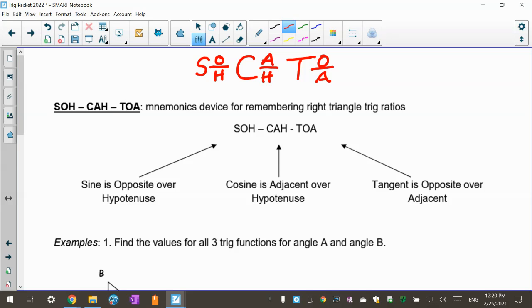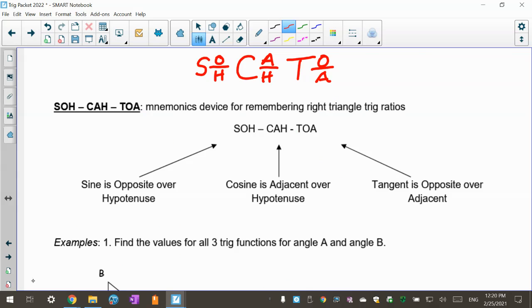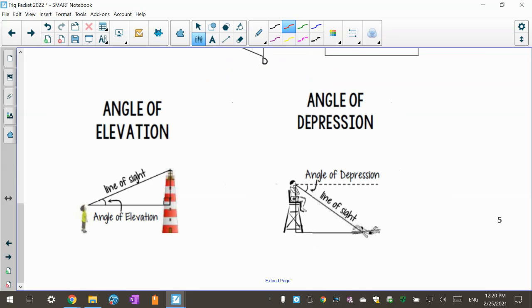So I just wanted you to know this is what we're going to be using today when we talk about Lab 3, because we're going to talk about right triangle trig, and I wanted you to have these basics. So I'm not going to really worry about this right now, but I do want to have you see this. At the bottom here it's talking about the angle of elevation and the angle of depression. So I want you to see these pictures here.